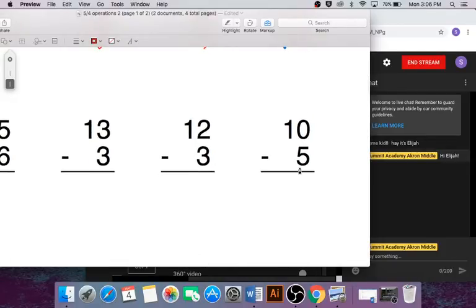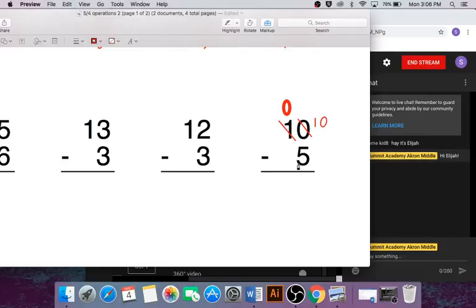Next one, we have 10 minus 5. We can't subtract 5 from 0, so we have to move over, borrow from the 1. That's going to become a 0. And then our 0 becomes a 10.